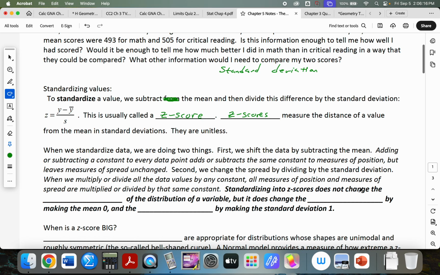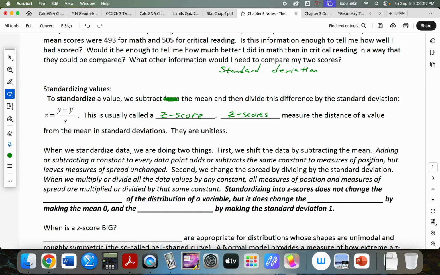So when we standardize data, we're doing two things. First of all, we shift the data by subtracting the mean. If we add or subtract a constant to every data point, then it's going to add or subtract the same constant to the measures of position. And you're like, measures of position? Well, that would be the minimum, quartile 1, quartile 2, quartile 3, maximum. All of those things are going to change by however much.